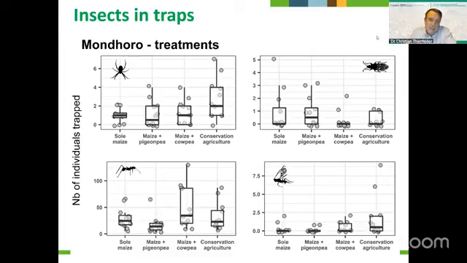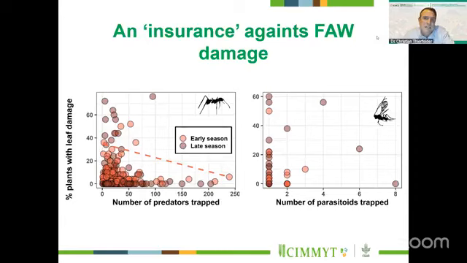And some of the cropping systems also responded better to those, and we found more of them. So that made us think, what is actually helping us in controlling fall armyworm and what is actually not helping us. So ants were identified as one agent or one insect that really helped us in reducing the damage. The more ants we had, the better it was for the maize.